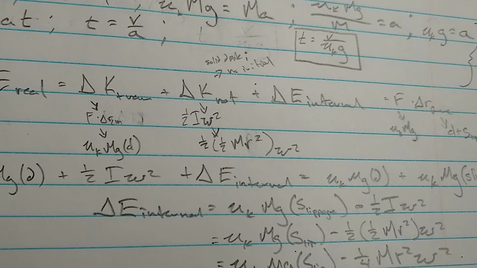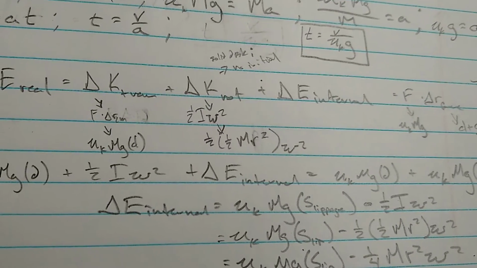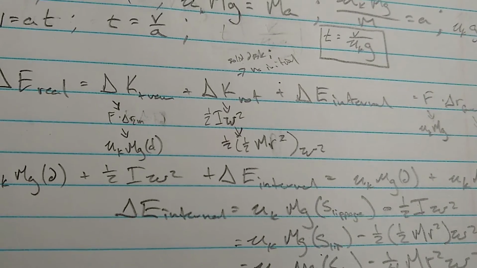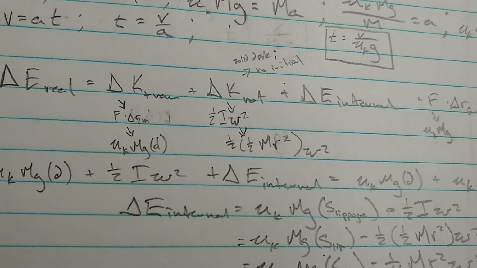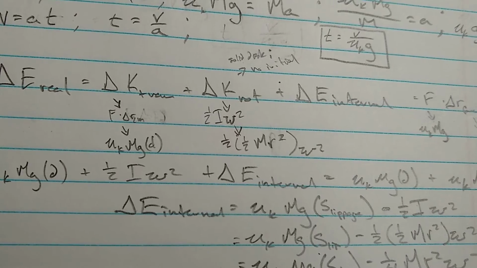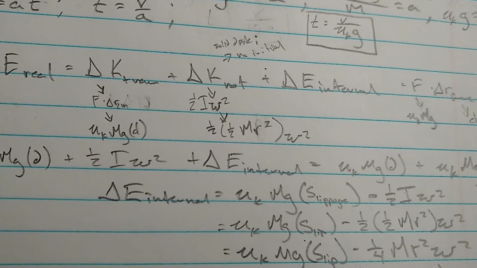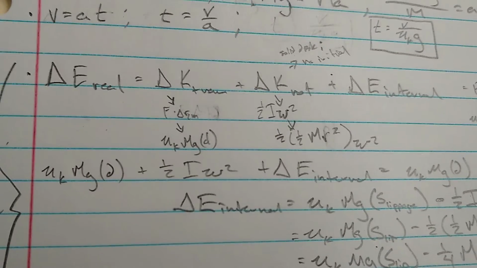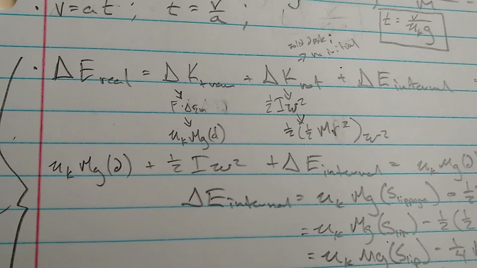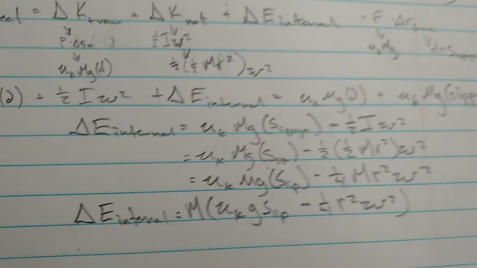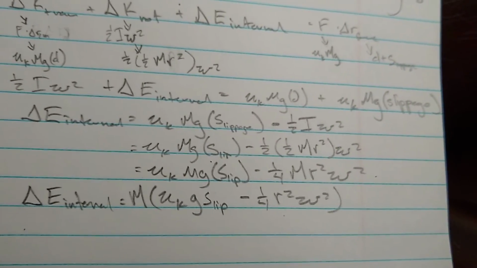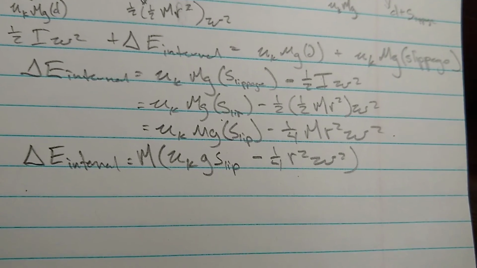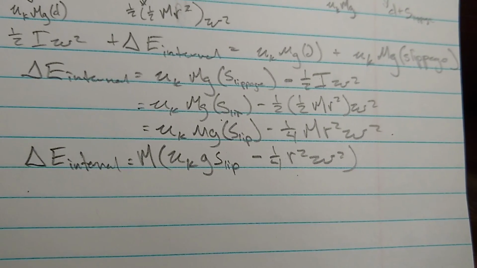We'll treat our rotational energy like it's a solid disk, and so we will get 1/2 moment of inertia omega squared, and we already solved for K translational. It's mu mgd. And anyways, just a little bit of simple algebra later, we have our internal energy calculation.